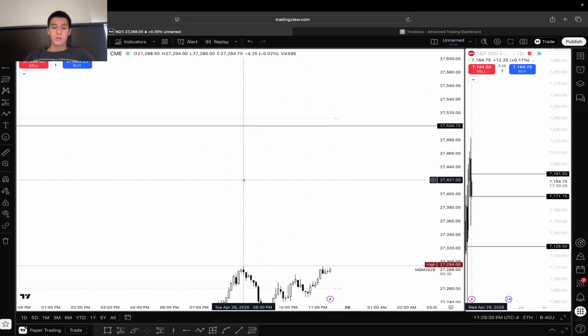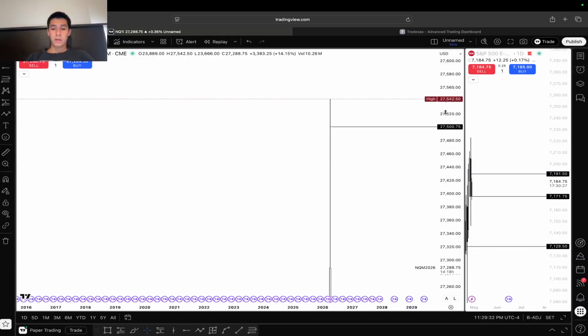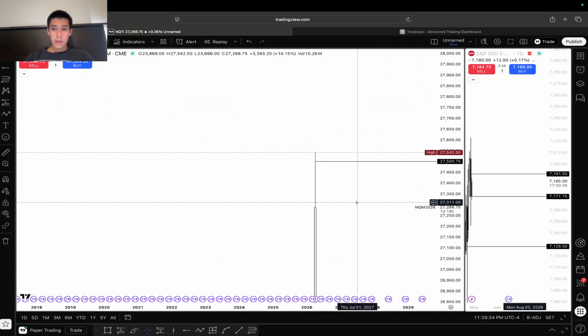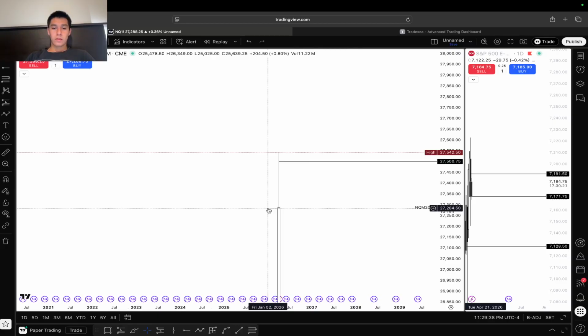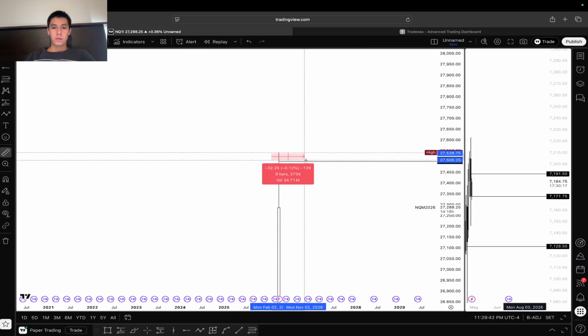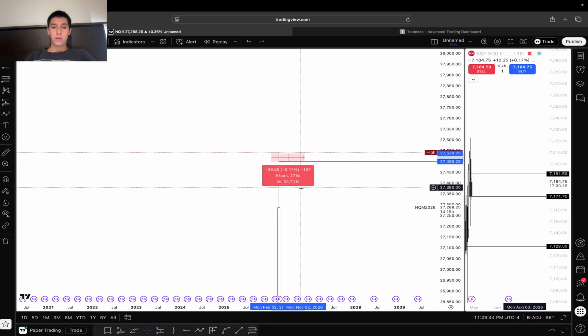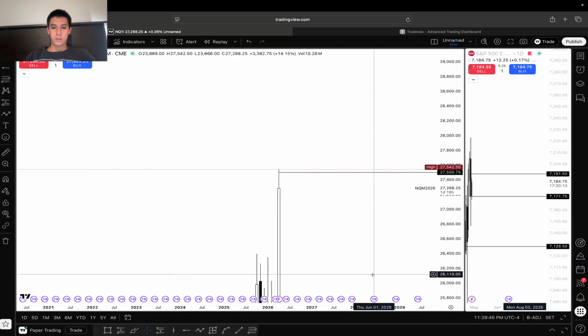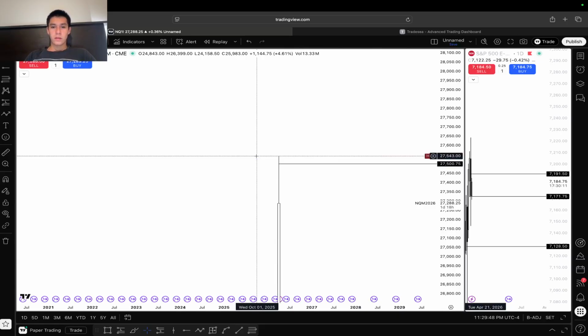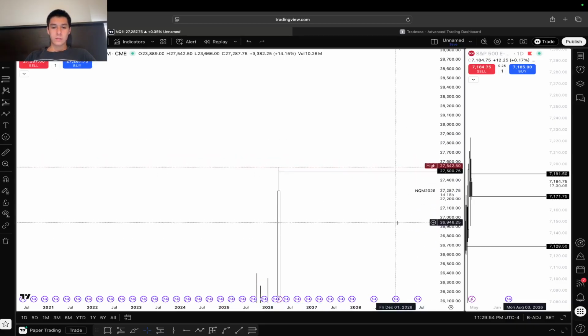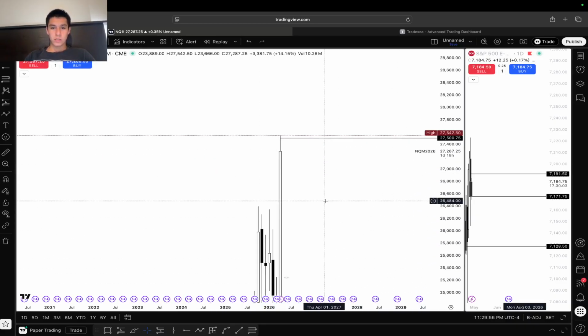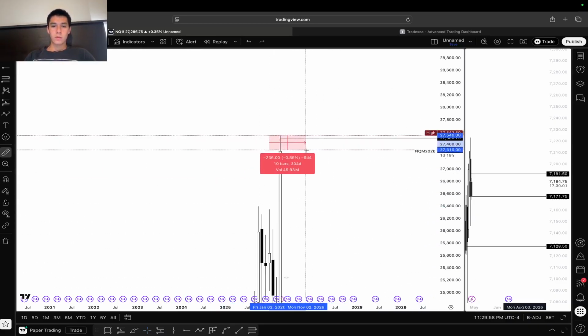Looking at literally just the monthly time frame, the monthly body candle was right here, and there was a 40 point wick on the monthly candle, right? And that's not really normal. We usually have some type of wick, even if the next month or this month was super bullish, we're gonna have some type of wick on this candle.